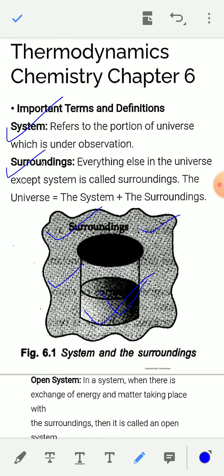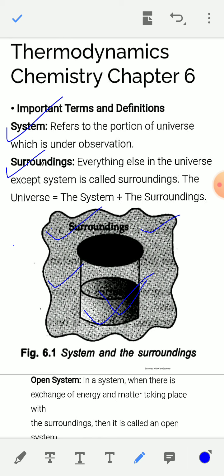Suppose you have taken some chemical compounds in a test tube, then the chemical compounds in this test tube are known as system, and the outside of this test tube, all the other parts of the whole universe, is known as surroundings.